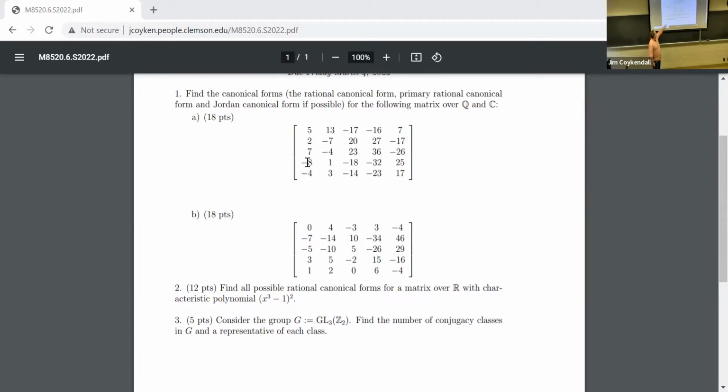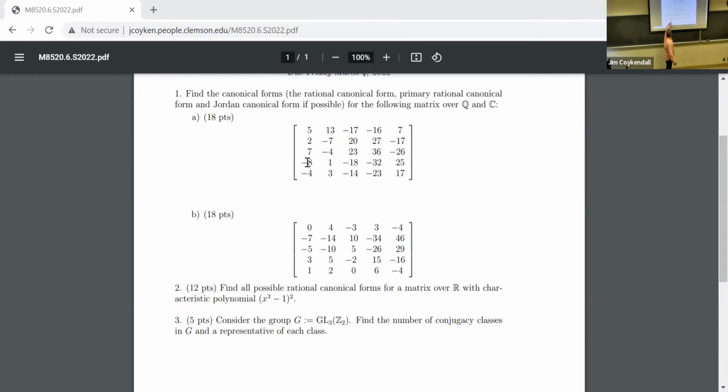And I'm going to do a problem that smacks of this one. This is kind of going to be my last example for this, but I think this is a really nifty problem. What you have here is GL3Z2, which is 3 by 3 matrices over Z2. This is actually the second smallest non-abelian simple group, and it's got, I think, 168 elements in it. So here's another application of all this business with conjugacy classes and the canonical forms.